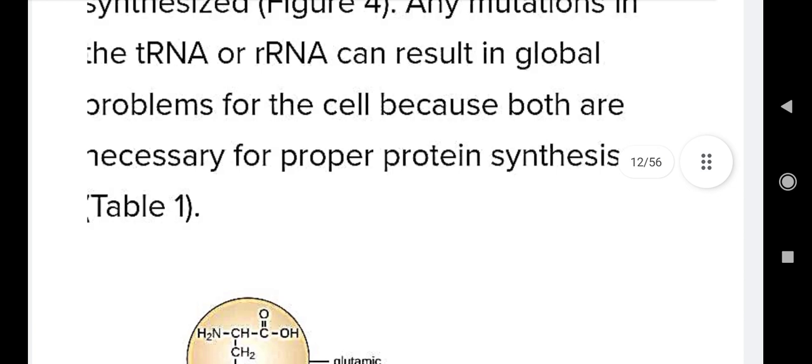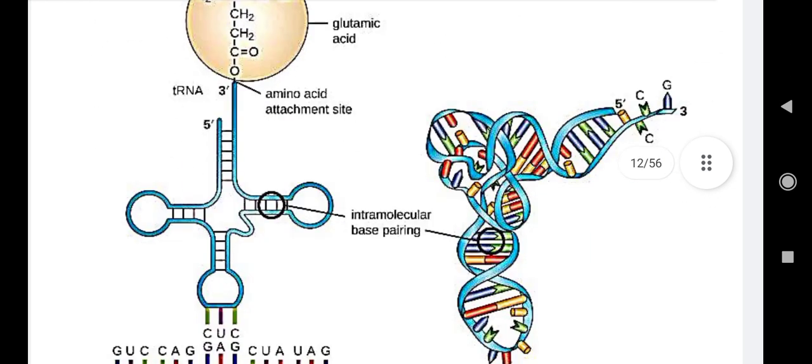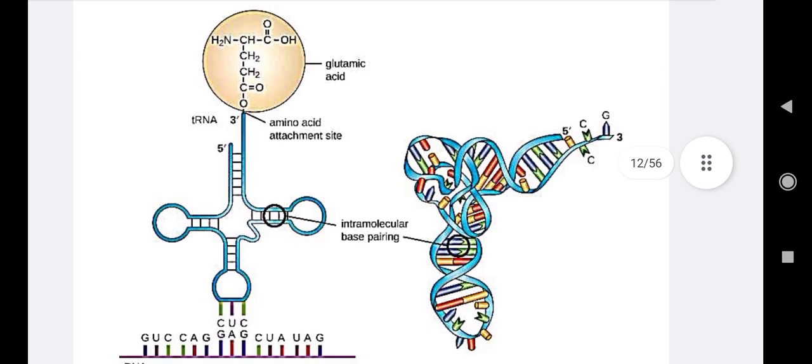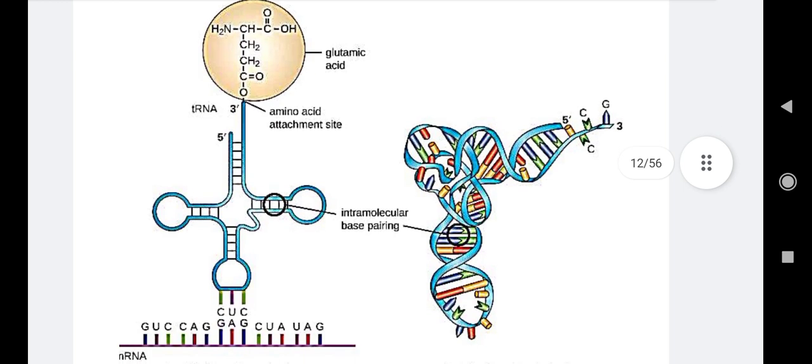Okay, so you can see the structure of tRNA now. On the left figure, it is a linear model of tRNA. The big circle that you can see is carrying an amino acid, and the amino acid that it carries here is glutamic acid. It has been shown in a beautiful way how it carries the glutamic acid.